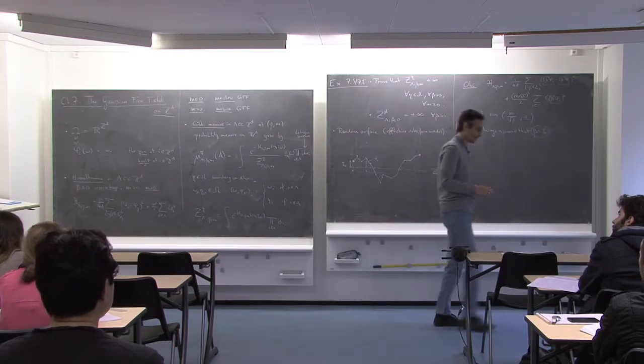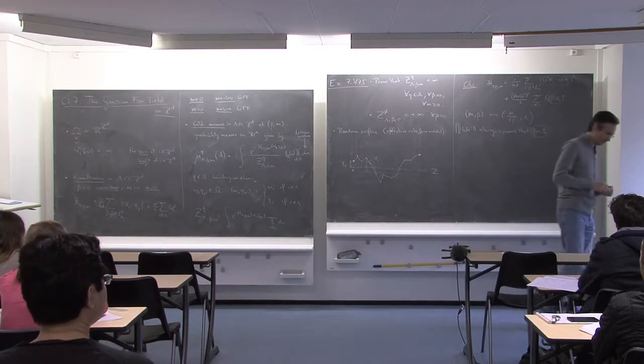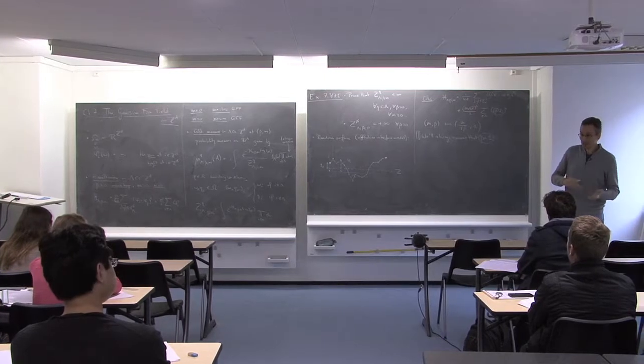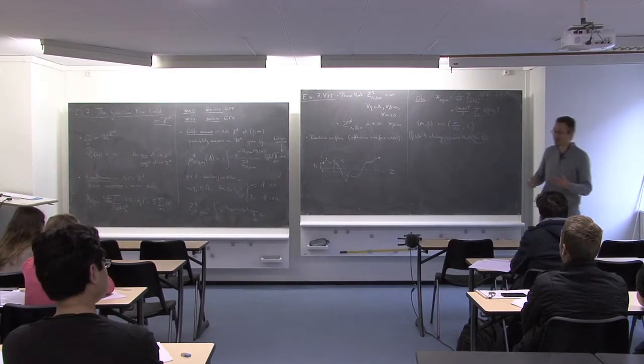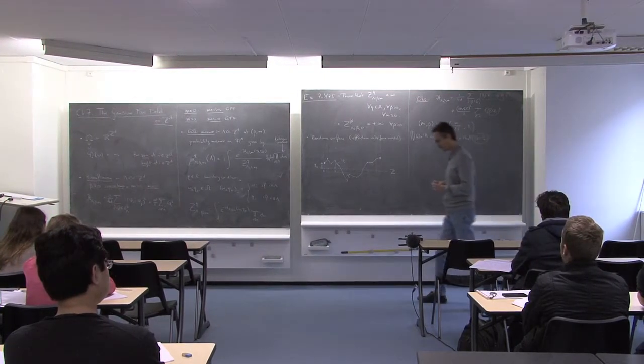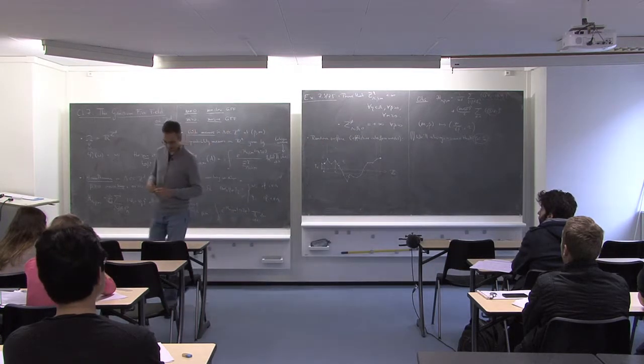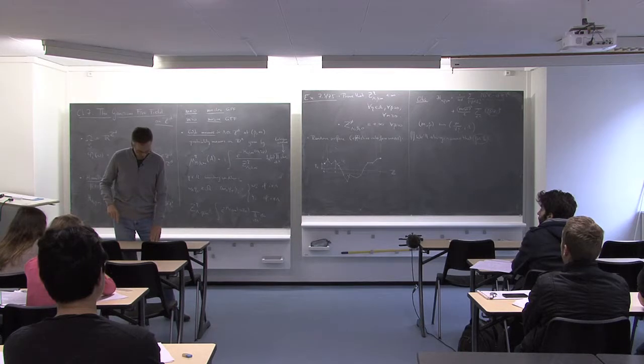And this continuum GFF plays a very important role in relation with critical properties of critical systems, especially in dimension 2. And these are things that will be explained during the second semester.